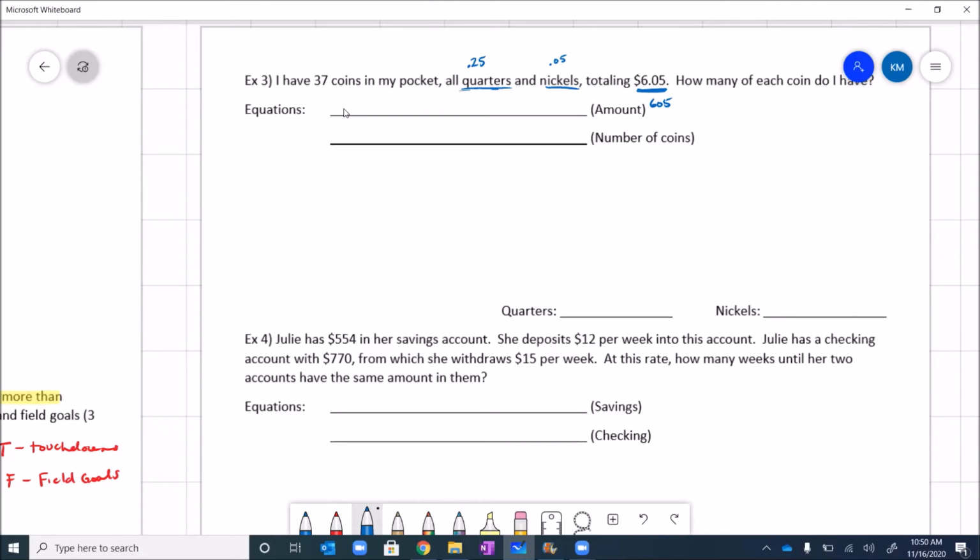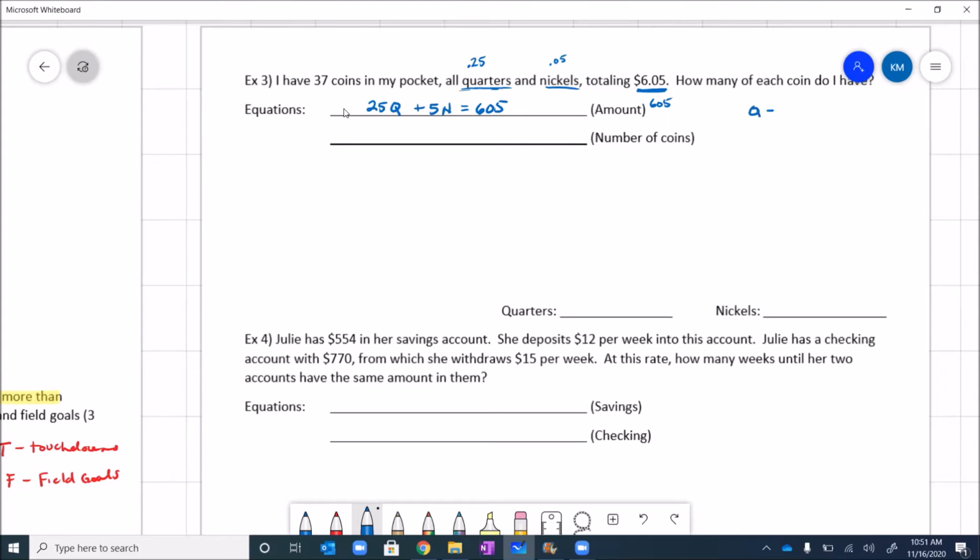And that way, when I write my equation, with how much my stuff is worth, I can say I have 25, every quarter is worth 25 cents, plus 5, and every nickel's worth 5 cents. And together, that should give me 605 cents.